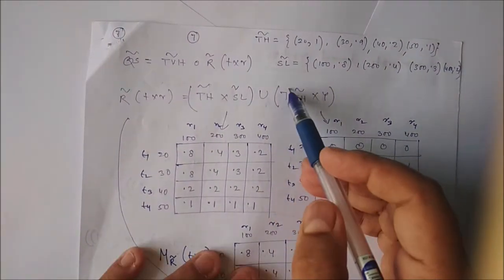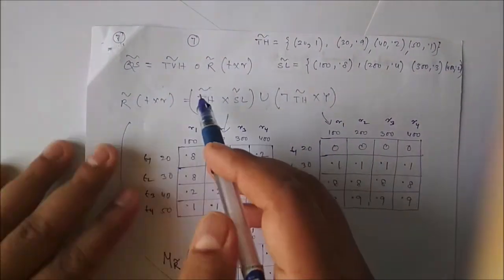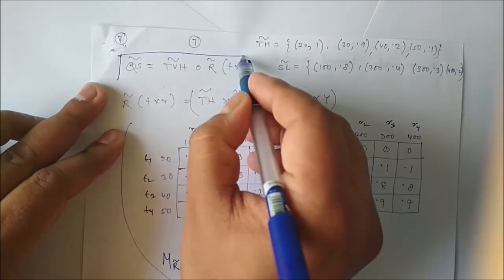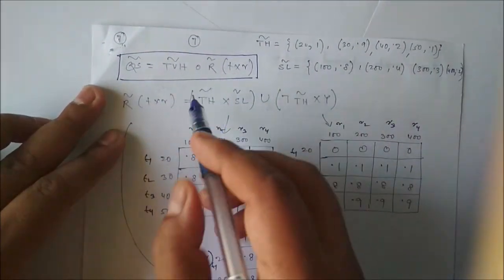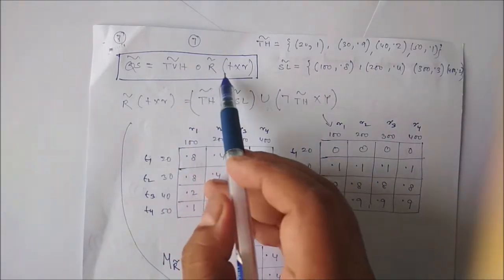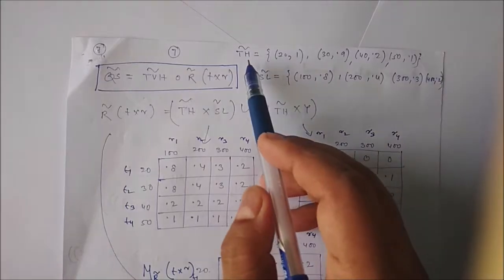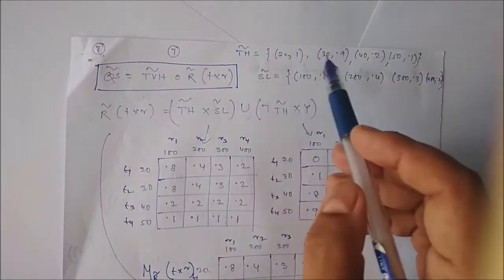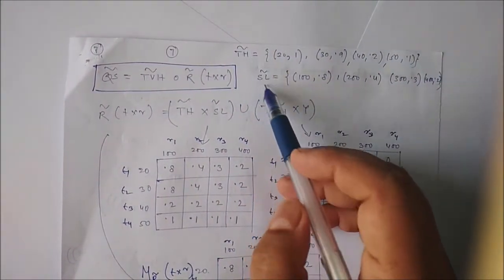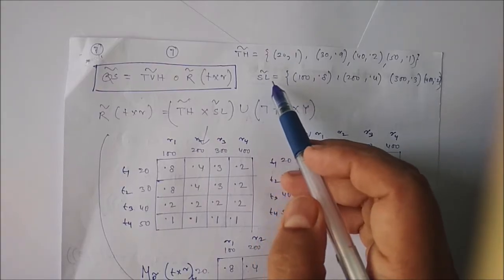To calculate QS, we have to use this particular formula: the maximum composition between TVH and R. Here TH and SL are the two given fuzzy sets.